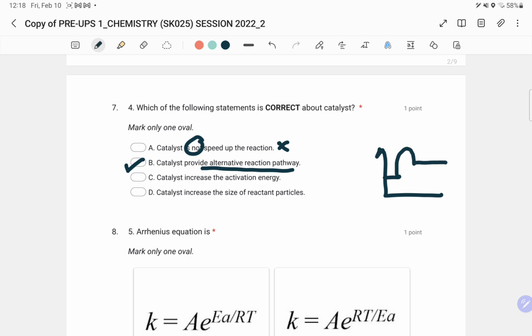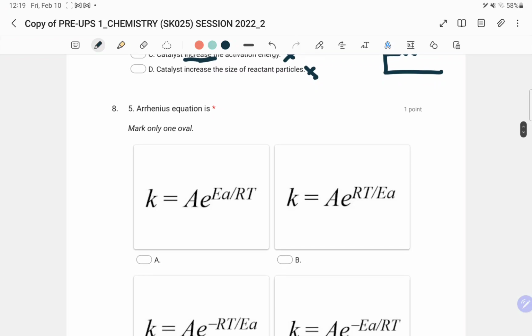Okay, katalah ni with catalyst, this one without catalyst. So EA untuk with catalyst lebih rendah daripada EA without catalyst. So sebenarnya catalyst ni dia merendahkan, bukan increase. So the word of increase tu yang salah. Catalyst increase the size of reactant particles, mana ada, dia tak ubah apa-apa reactant lah.